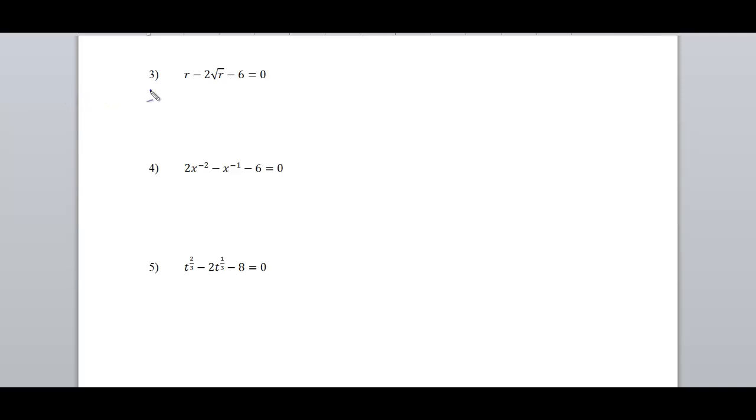This is going to be u is equal to the square root of r, and u squared is equal to r. So now I can write my equation as u squared minus 2u minus 6 equals 0.